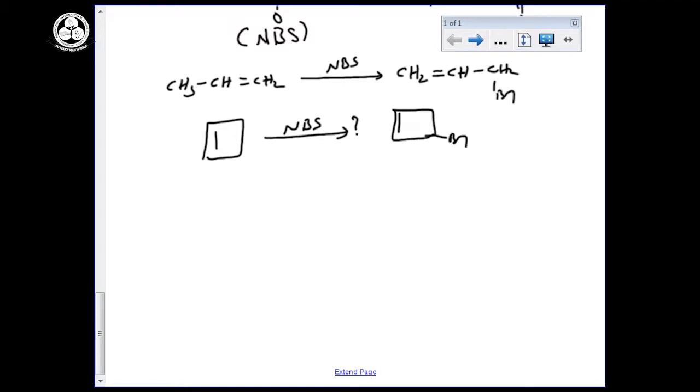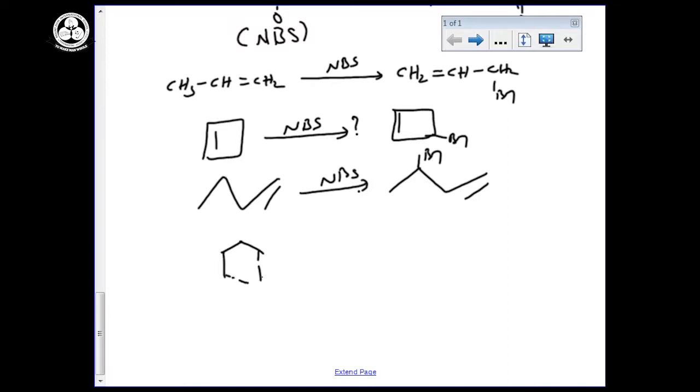N-bromosuccinimide you are adding. Only allylic hydrogens respond in this reaction. Now the answer becomes like this. Suppose same NBS you can use. Now the answer is Br like this.